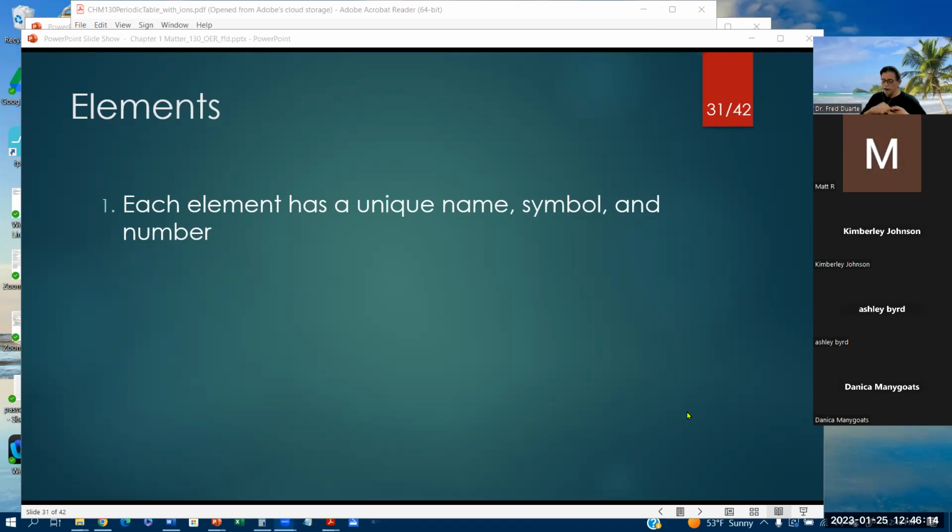We're going to talk a lot about elements, okay? So let's briefly introduce them. Each element has its own unique name. There's 118 elements, okay? And each element has its own unique symbol and its own specific number.